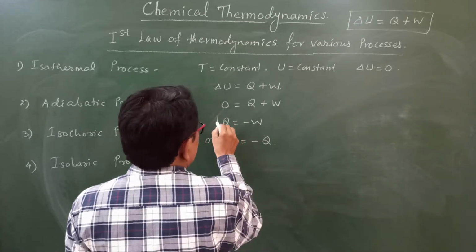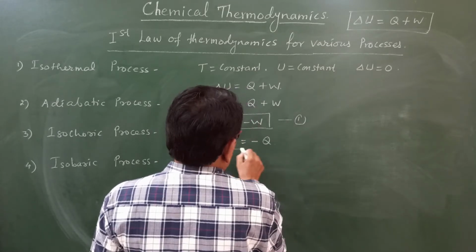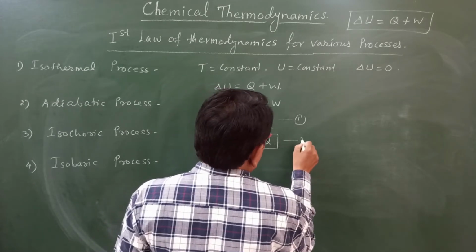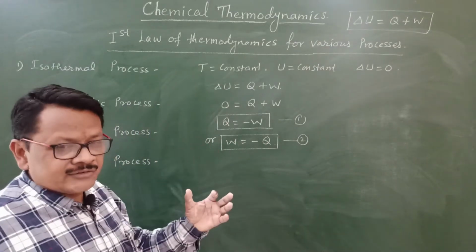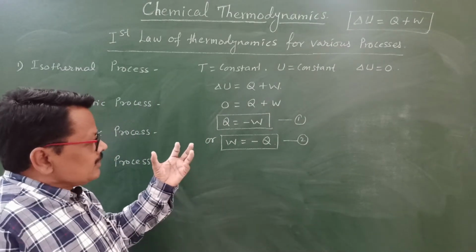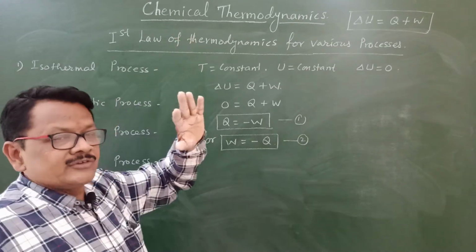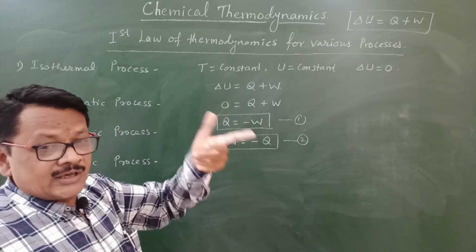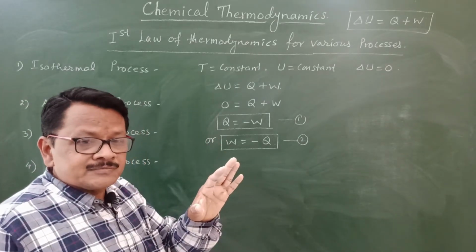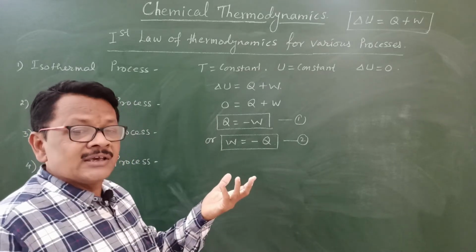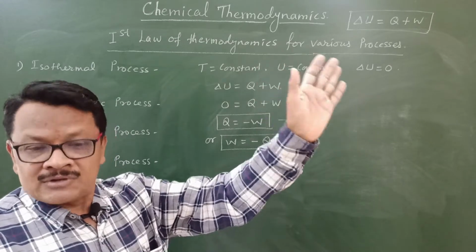You see these equations. Suppose it is equation 1, suppose it is equation 2. What do they indicate? Means in isothermal process, if the temperature of the system remains constant, and you supply Q amount of heat to the system, then the total heat is utilized by the system to do work on the surrounding.